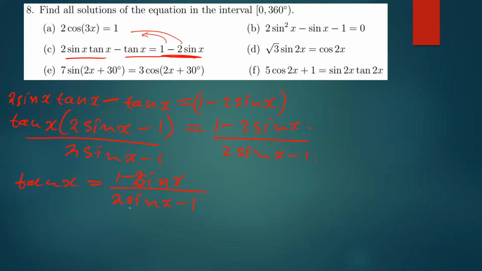To do that, we can simply factor out the negative. You can factorize the negative out of the numerator on top. So we're going to have something like this. When you factorize the negative from the numerator there, you get a negative outside, and in brackets, you have negative 1 plus 2 sine x, and then everything over 2 sine x minus 1.